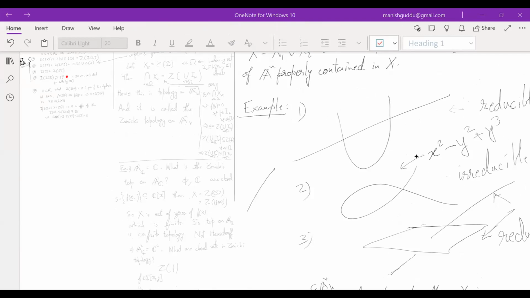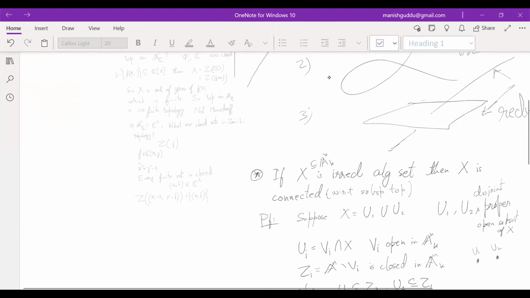Yeah, so sorry, exactly what do you want? Can you say again? So over non-algebraically closed, so you can talk about affine and space over reals.